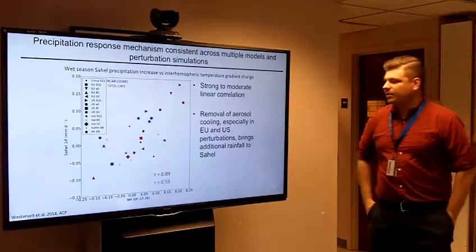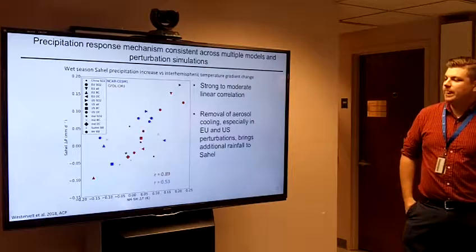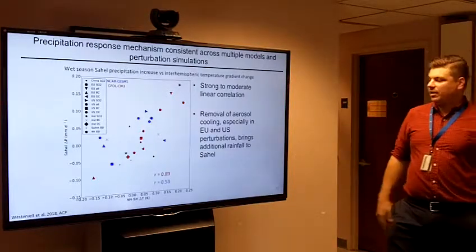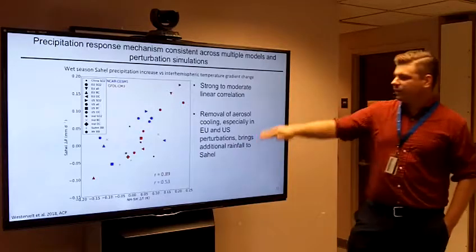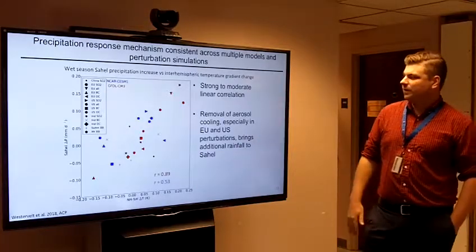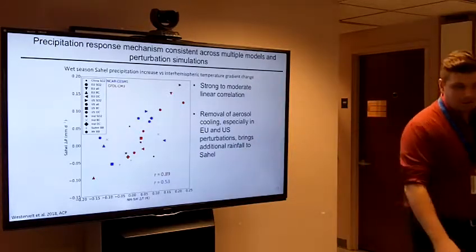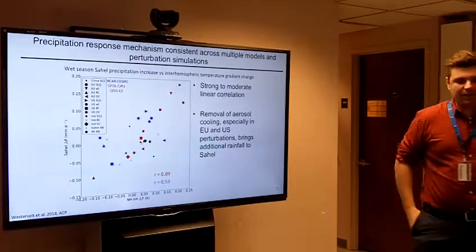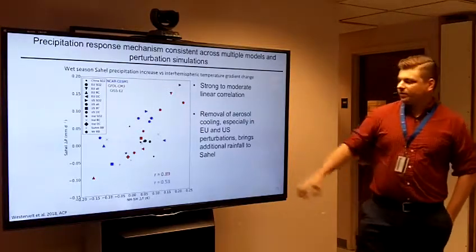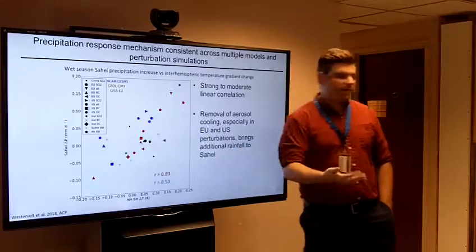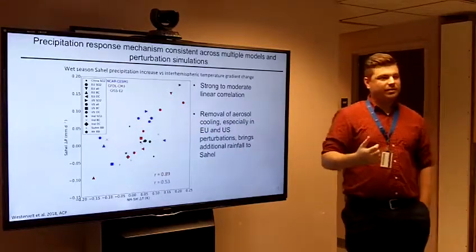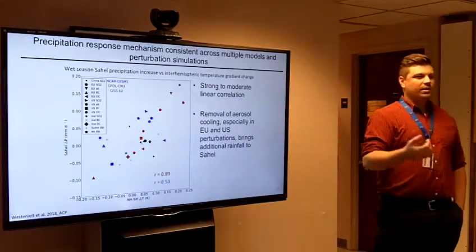Likewise for NCAR, there's a little bit more scatter, but we still have a moderate linear correlation that falls in line with what I was seeing before. And then for GISS, we don't. In GISS, I didn't show on the previous slide the interhemispheric temperature change because we don't really see much of one.